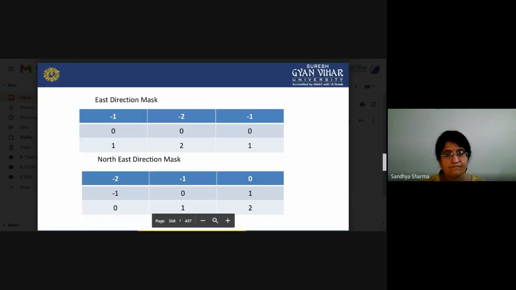Now this one is the east direction mask, and the other one is the northeast direction mask. So you can see the different elements we have given in different masks.